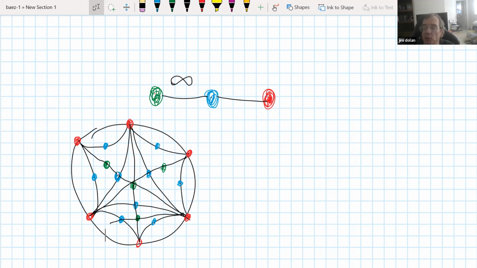Right, so I'm imagining to what extent can we play a game something like this with other kinds of modular varieties. So for example, the modular varieties of abelian surfaces with some kind of extra structure.